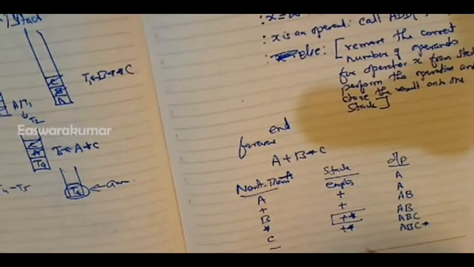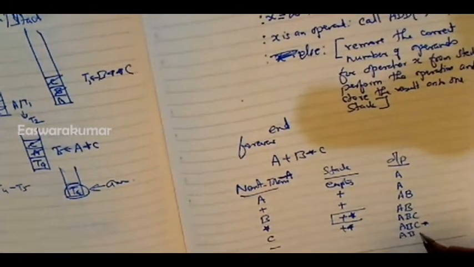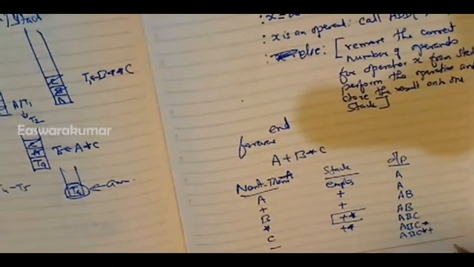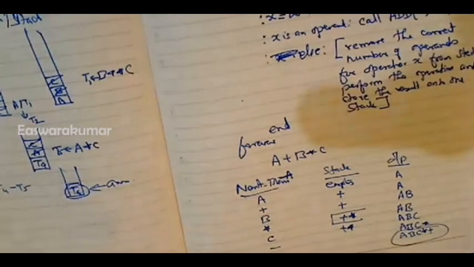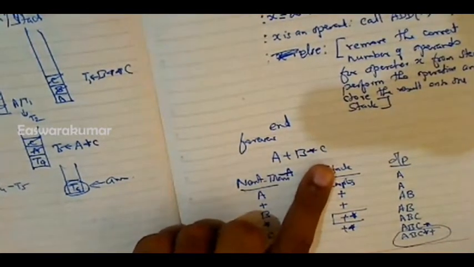Then we fetch the other one, plus, so ABC star plus. Then the stack is empty, so we stop. This is the postfix representation of the infix expression.